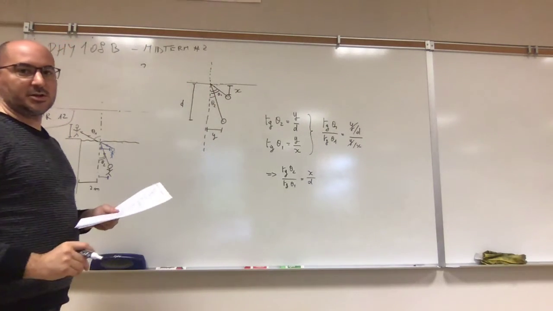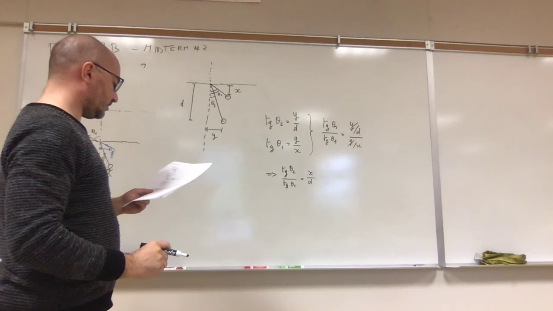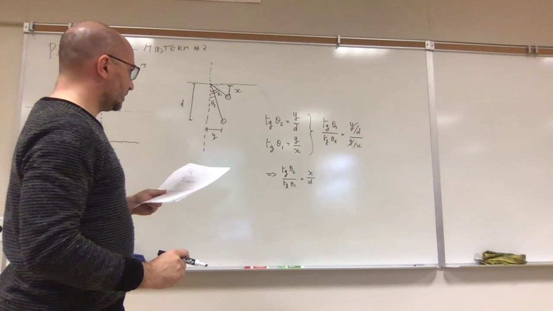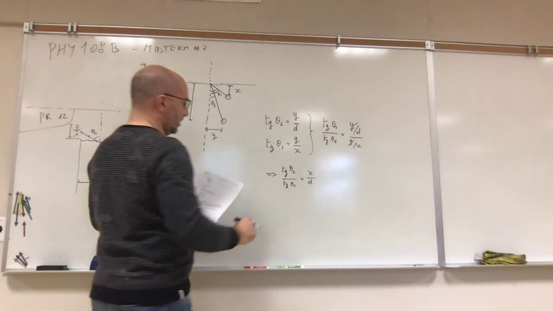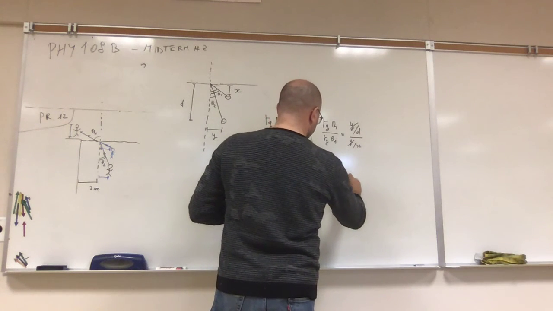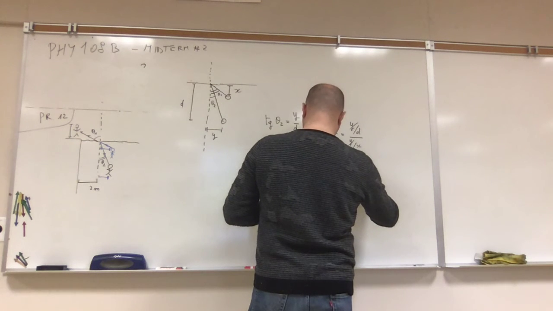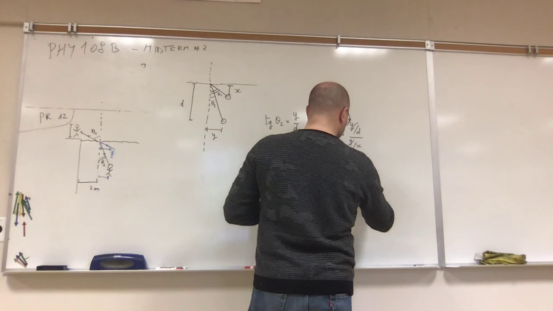Make sure you do your algebra right, check this. And so we want x, and so this is the depth of the diver times the tangent of theta 2 divided by the tangent of theta 1.